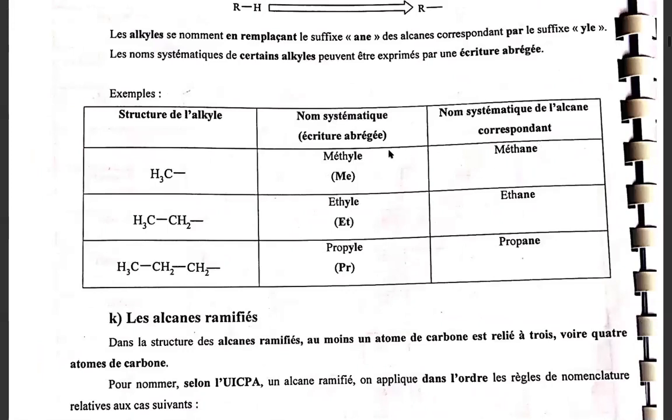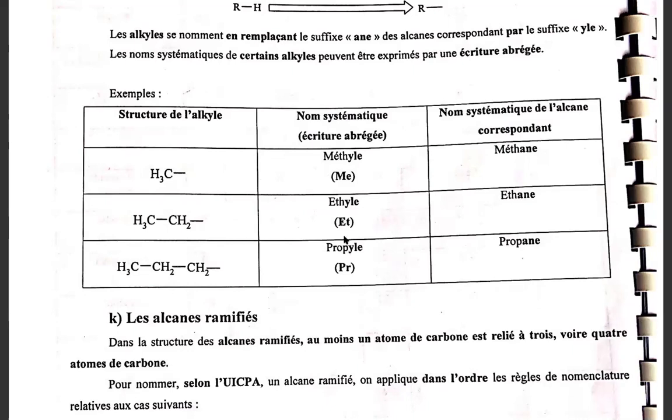So when you have an alkyl, it's methane with one hydrogen atom less. So it no longer becomes methane, it now becomes methyl. The suffix at the end, ane, will be removed and replaced with yle. And the formula also changes. It no longer becomes CH4, but becomes CH3. Why? Because you have one hydrogen atom less.